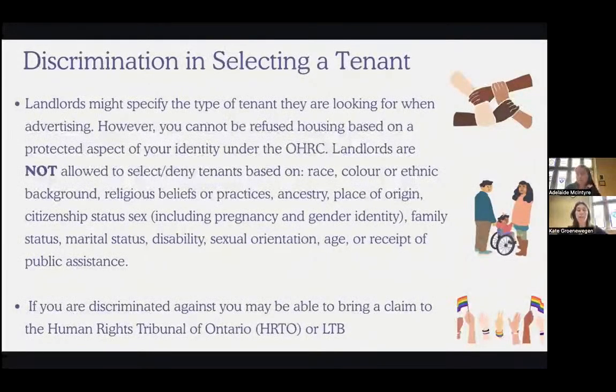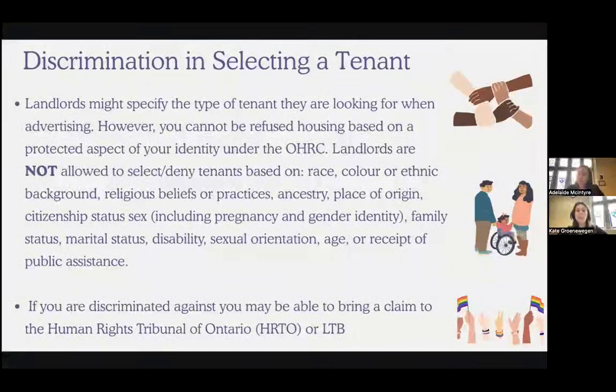This means that landlords are not allowed to select tenants or deny tenants based on the tenant's race, color, ethnic background, religious beliefs or practices, ancestry, including individuals of Indigenous descent, place of origin, citizenship, including refugee status, sex, including pregnancy and gender identity, family status, marital status, disability, sexual orientation, age, or receipt of public assistance. These groups are protected under the Ontario Human Rights Commission.